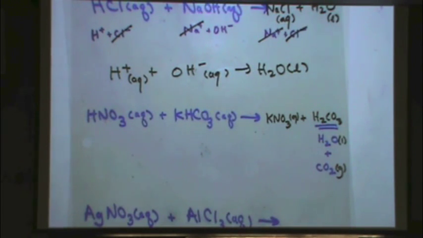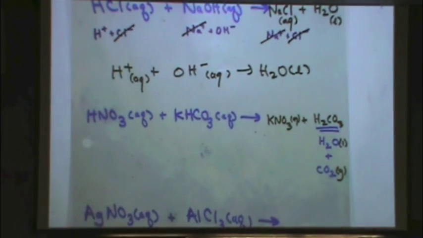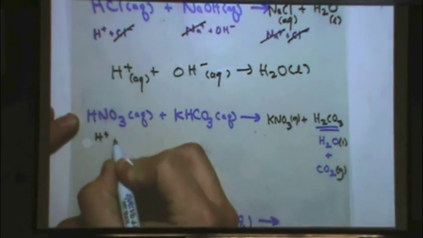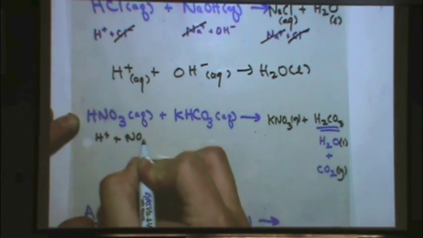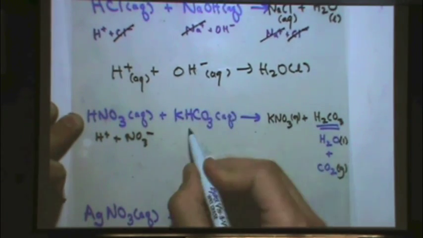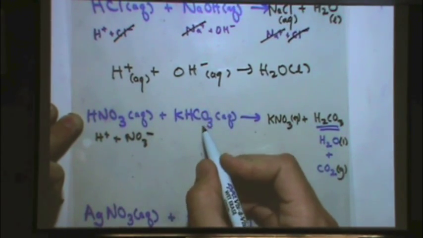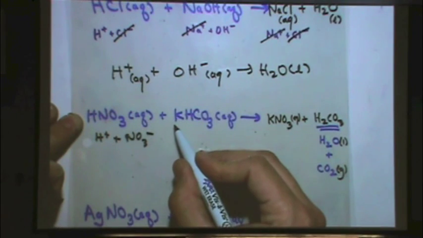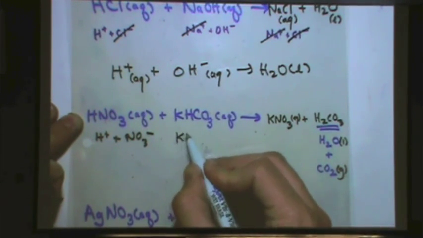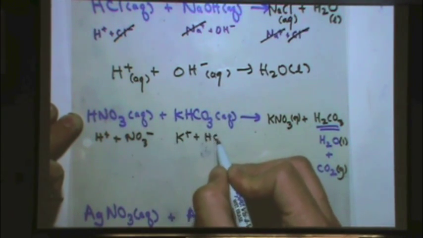Now we're on to step 3. Let's figure out what's a good electrolyte. This, I'll let you know, is a strong acid. Is that a good electrolyte? Yeah, let's write this one out. H plus plus NO3 minus. How about this one? Yeah, it's an aqueous ionic compound, that's a good electrolyte.